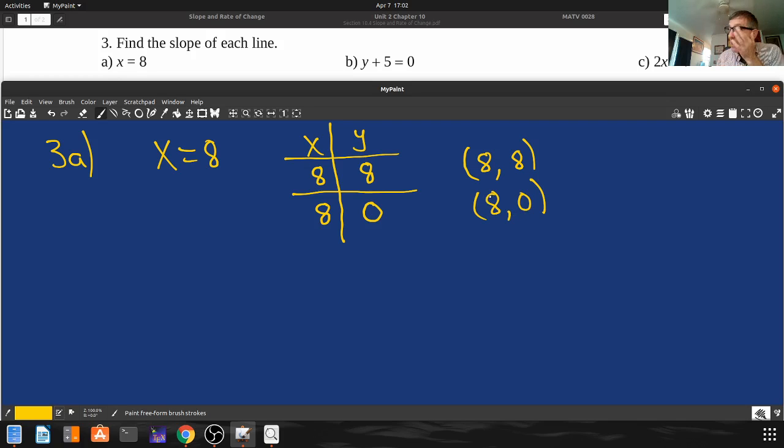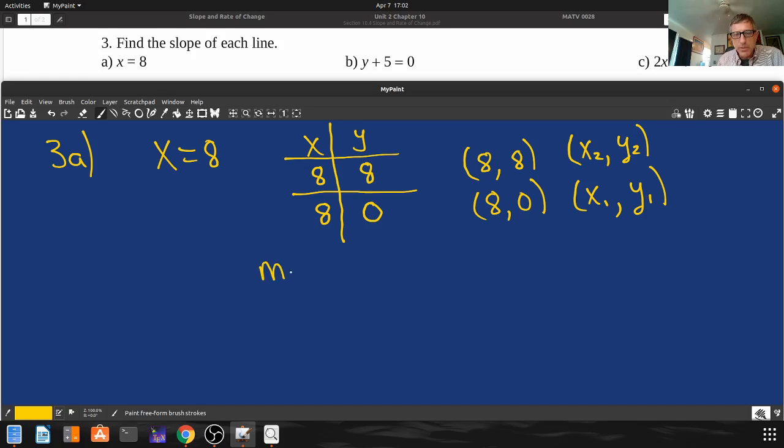Now some of you may have remembered the definition I gave of slope, but you're going to see exactly what I said there. So we're going to call this x2, y2, and we're going to call this x1, y1.